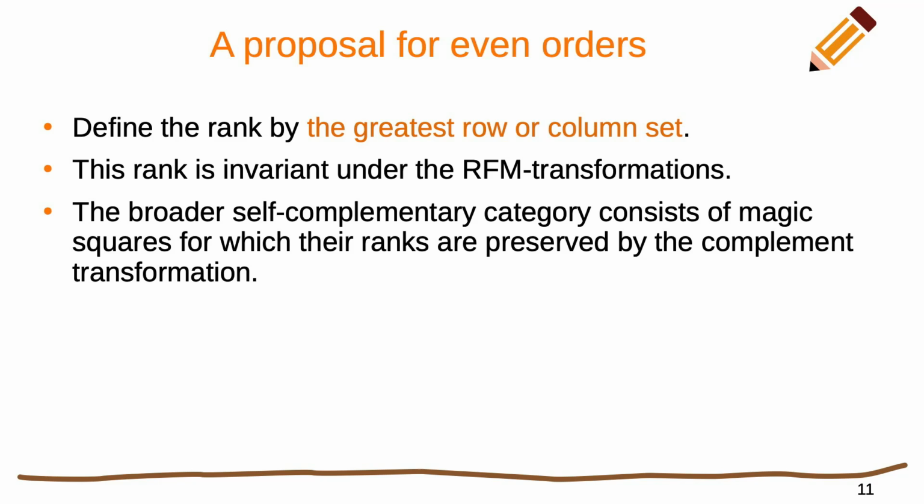Since any RFM transformation consists of rearranging rows and columns and never changes the membership of each set, the greatest row or column set remains invariant under the RFM transformation. Therefore, this ordering is suitable for our purpose. In the following, we denote row set and column set simply as row and column, respectively.